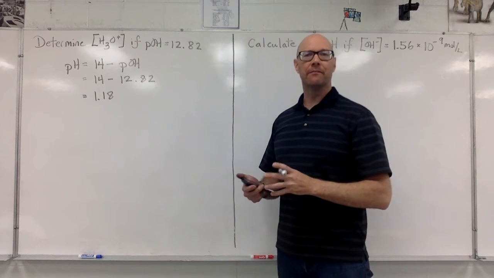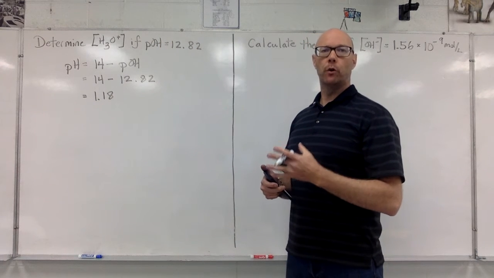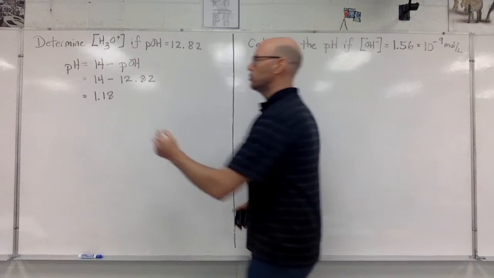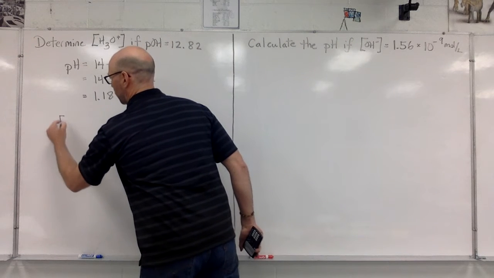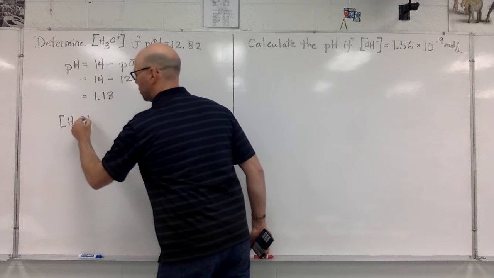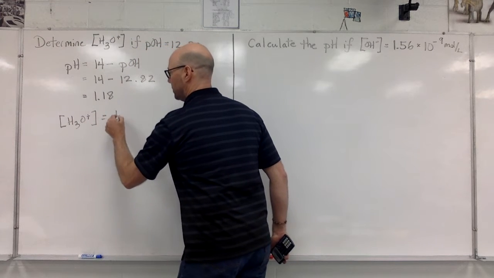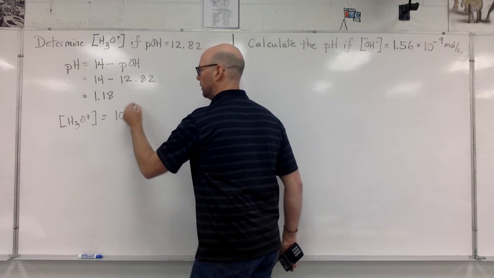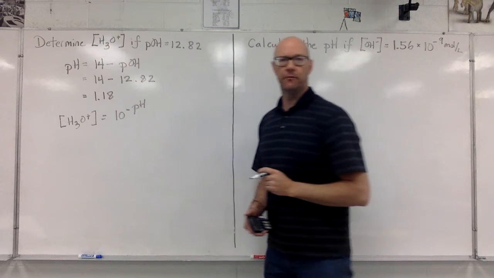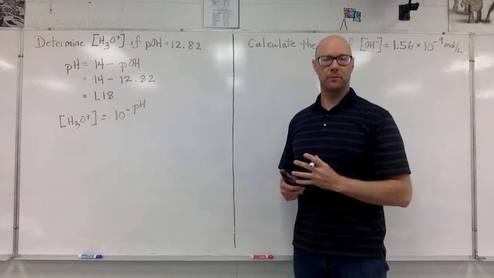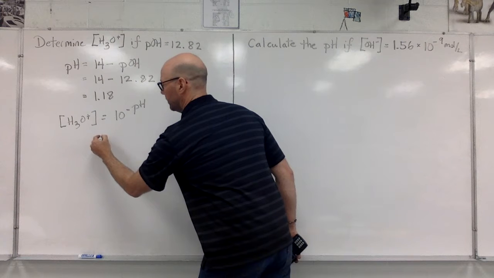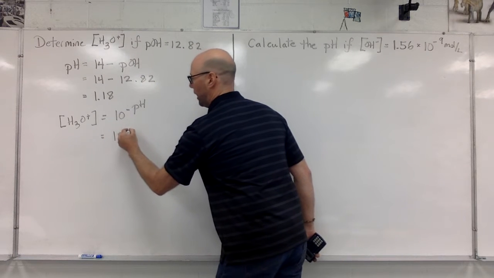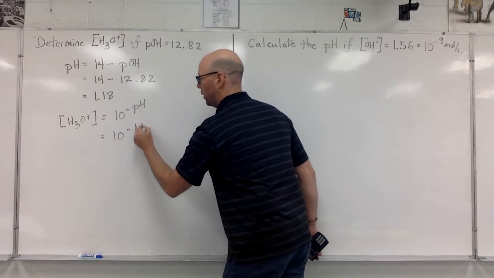Once we have the pH, we can move forward to find the hydronium ion concentration, because the hydronium ion concentration is equal to 10 to the power of the negative pH. And now I have the pH, so I'm just going to substitute that in: 10 to the power of negative 1.18.